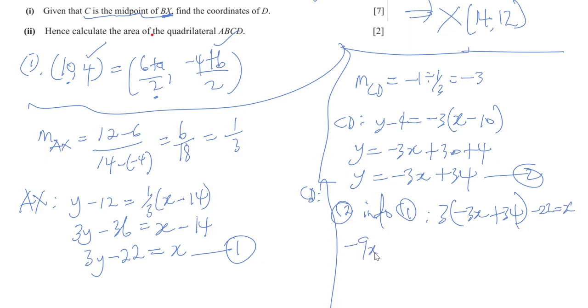That's -9s plus 102 minus 22 equals s. This gives 102 minus 22 gives you 80.